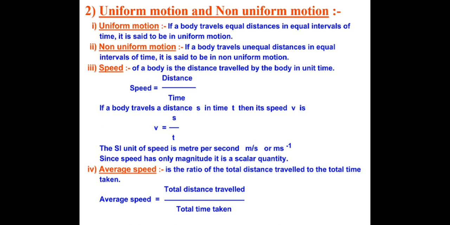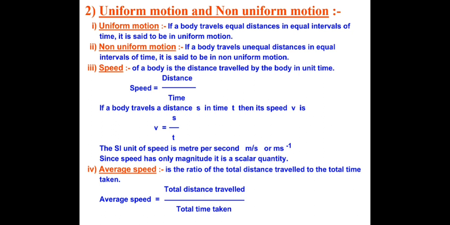Because of the crowd, the car may cover small or large distances. So the distance is not equal when the car moves on a crowded street. This is a good example to understand the difference between uniform motion and non-uniform motion.